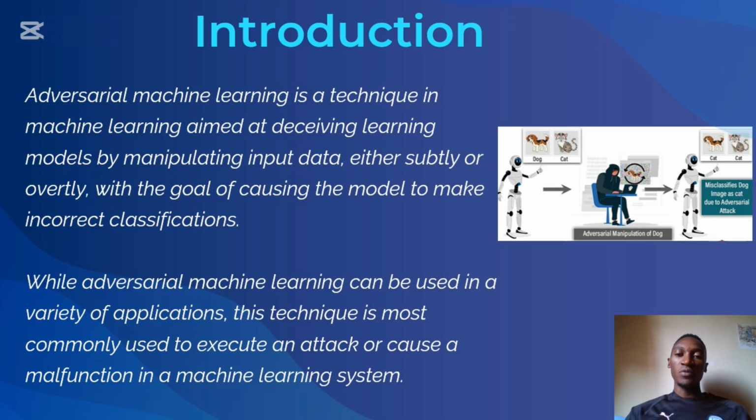During the training process, the machine learning engineers can try to trick the model with images, audios, and other stuff, and then see if the learning model will still classify them correctly or misclassify them, and then it is fixed.